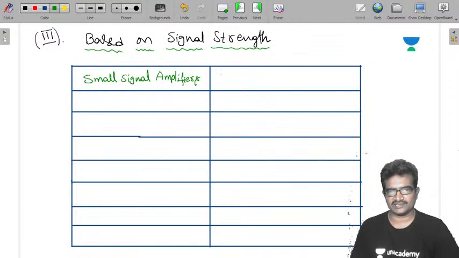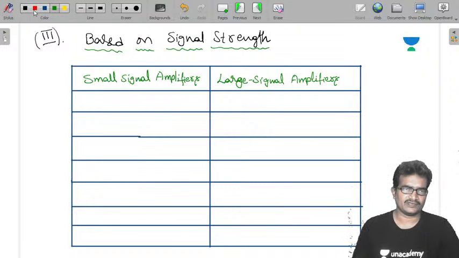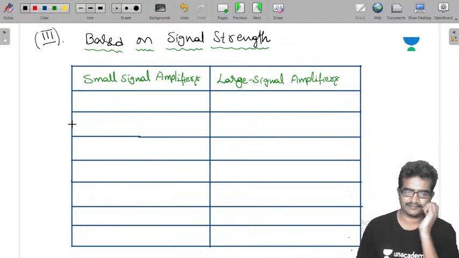The second one is large signal amplifiers.